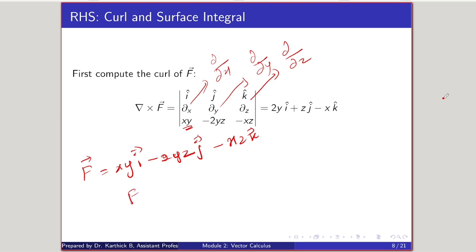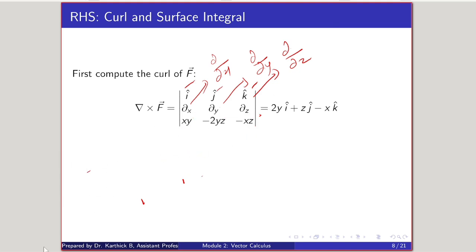So we call these f1, f2, f3. So then we have to go for the calculation part, a usual matrix determinant calculation.